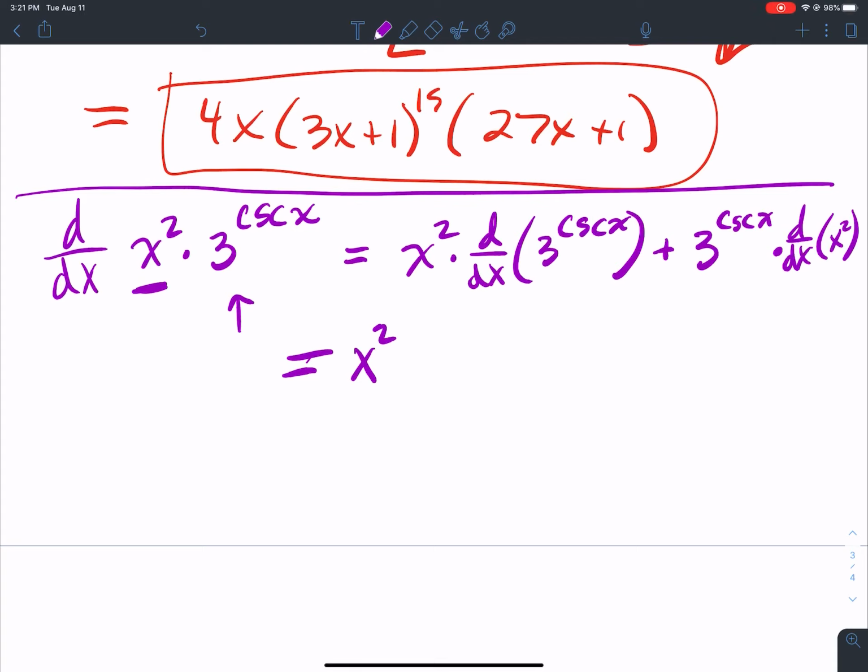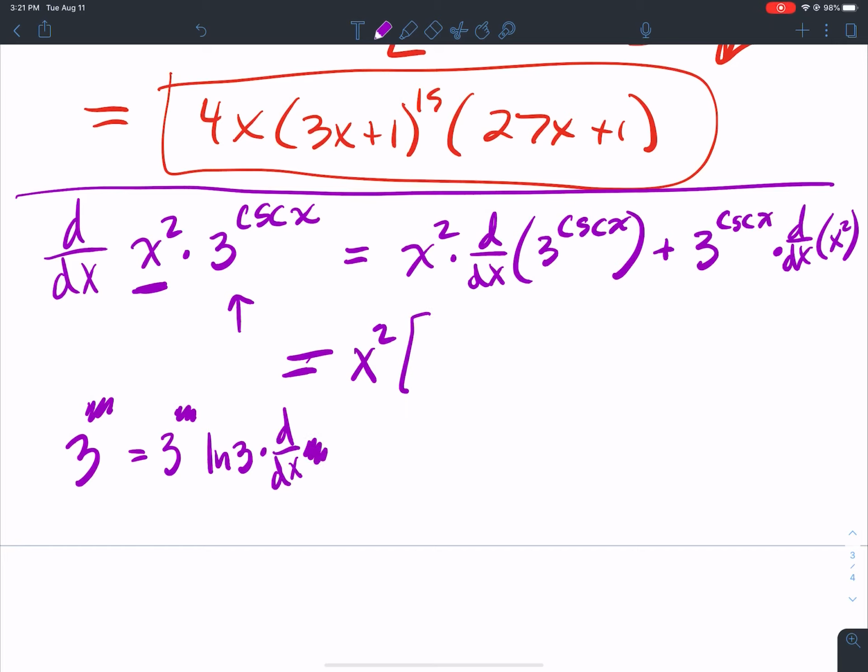Now the derivative of 3 to the something is 3 to the something times ln 3 times the derivative of the something. So what is that going to be? That's 3 to the cosecant x times ln 3 times the derivative of cosecant x.